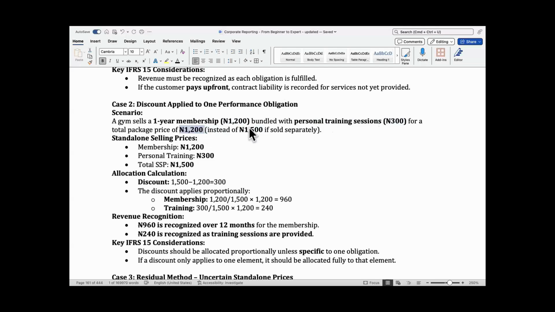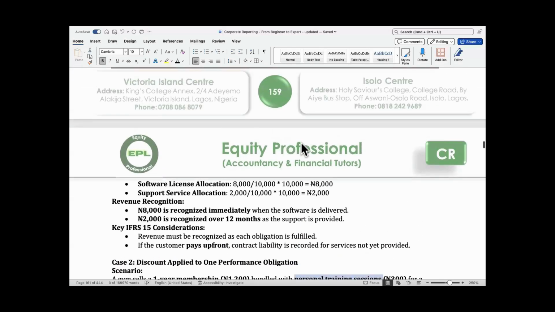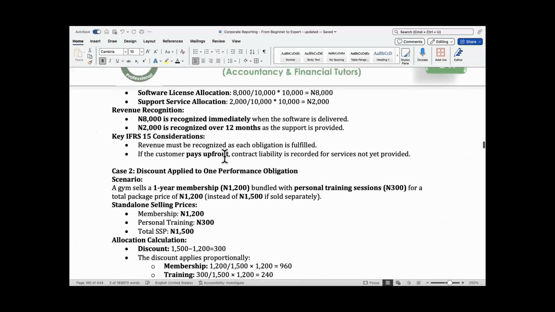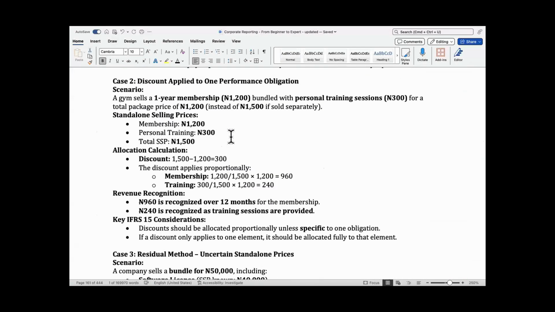So that means as far as this contract is concerned, the transaction price is 1,200. And there is more than one service here. There is the one year membership and there is the personal training. So we need to recognize each of these separately. Now, unlike the other one, where the individual services' prices were summing up to the 10,000, in this second scenario, which is the scenario you will find in the exam, it is not summing up.